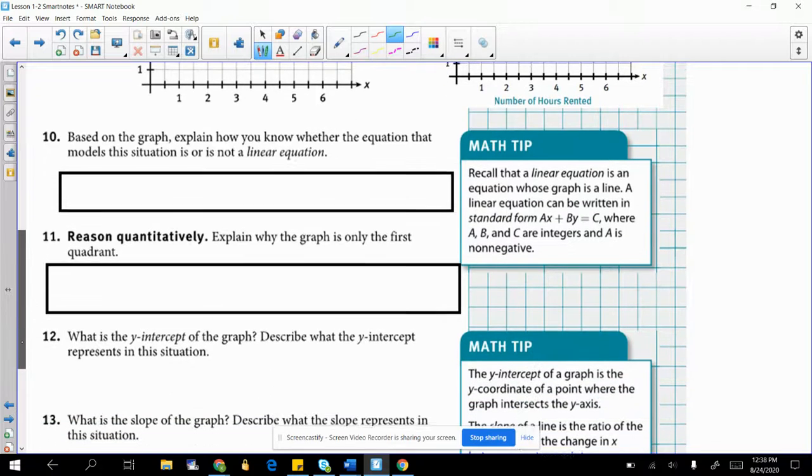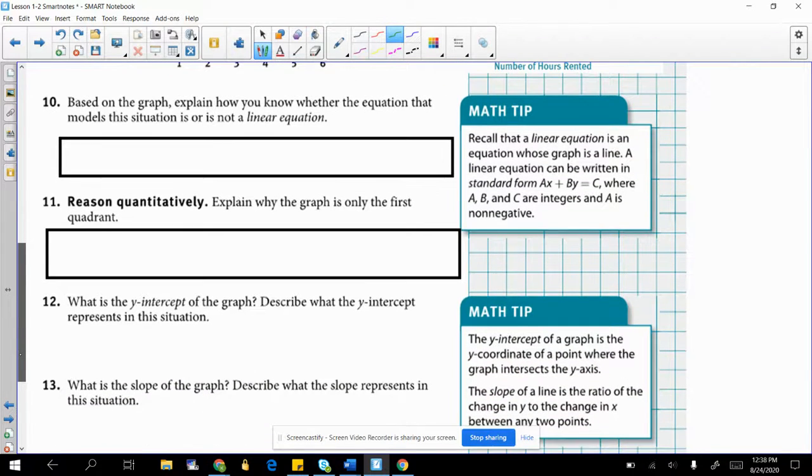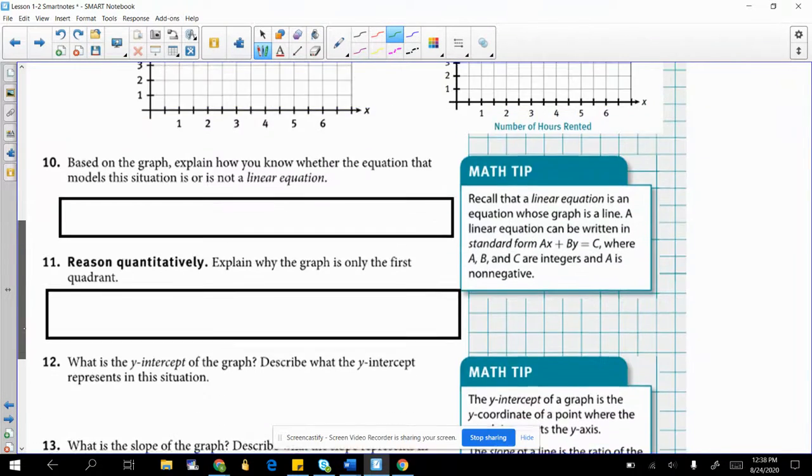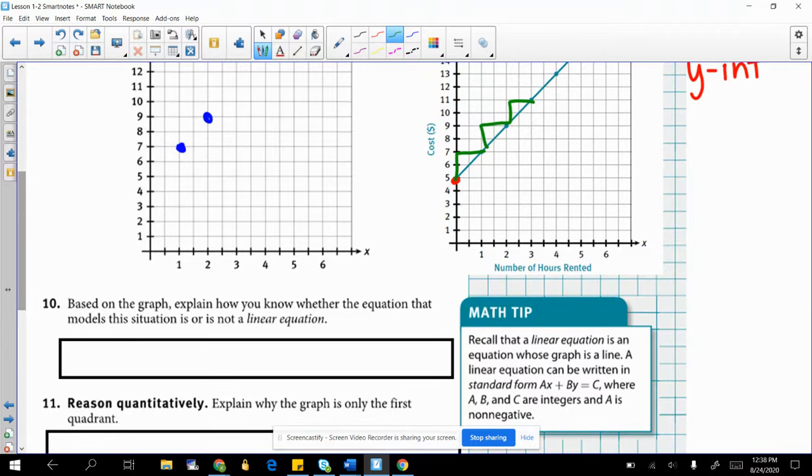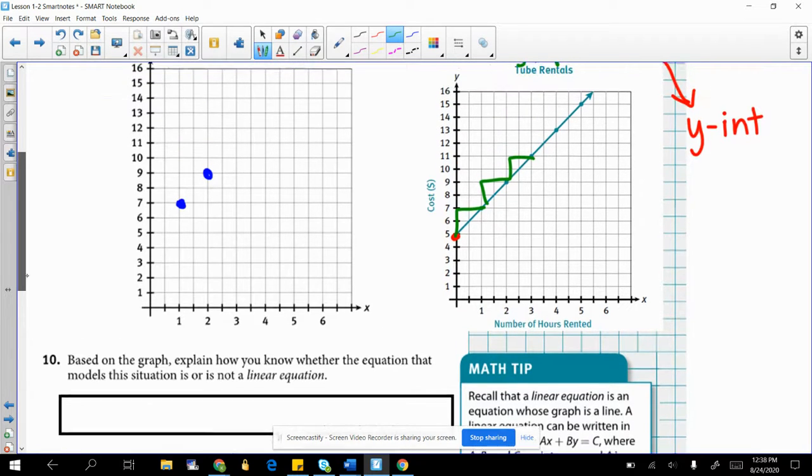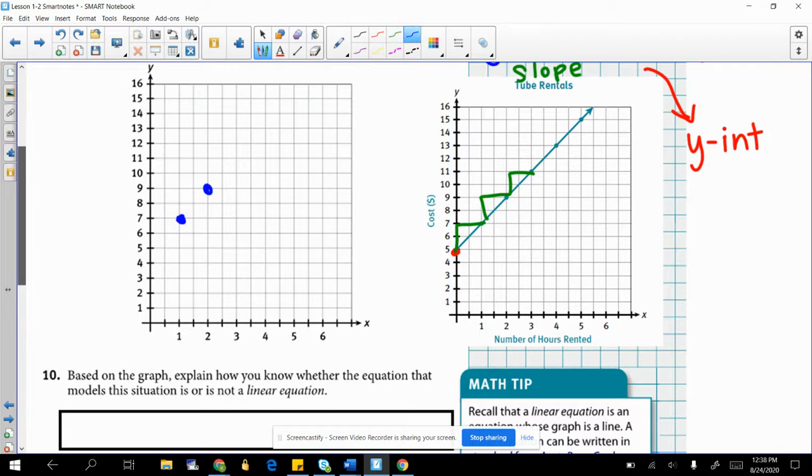Now we have a couple questions going along with that graph we just did. Number 10 says, based on the graph, explain how you know whether the equation that models this situation is or is not a linear equation. Well, first of all, looking at this graph, it looks like a line, right?